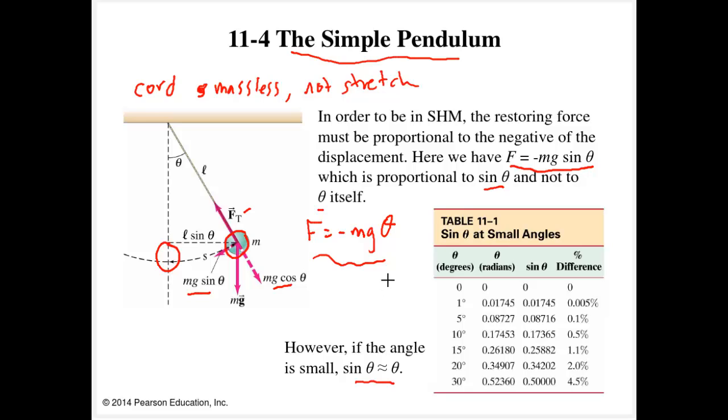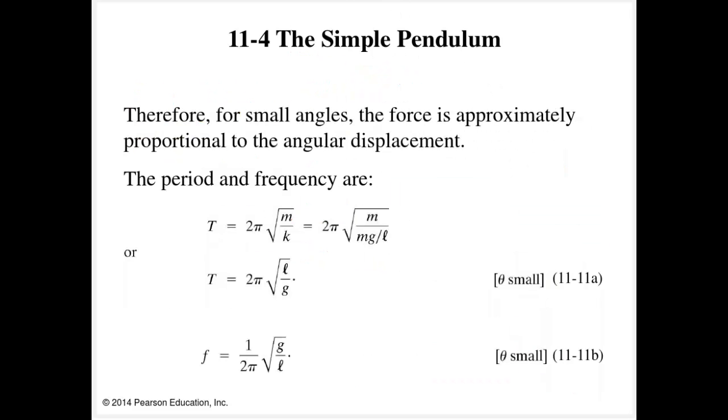This table right here is just showing you, take a look at it, theta and sine of theta are very similar up until 15-20 degrees or so. So we can treat a simple pendulum as a simple harmonic oscillator.